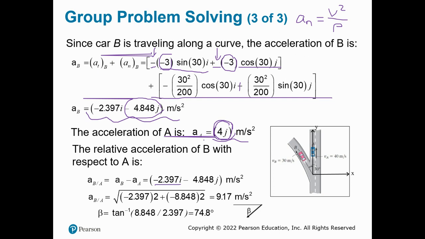And then we're combining the j component, AB minus AA, which gives me the j component of the acceleration of B with respect to A. Now using the Pythagorean theorem, again, that is not multiplied by 2, it should be a square here. Using the Pythagorean theorem, I can get the magnitude of the acceleration of B with respect to A, and then using the inverse tangent to get the angle, I have the magnitude and direction.